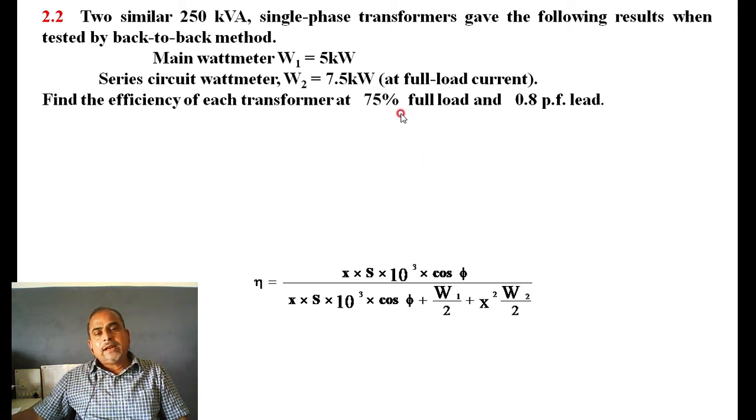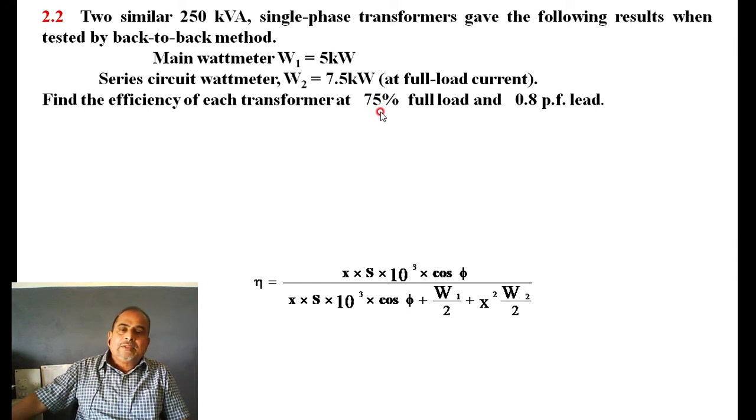Here the loading factor x is given as 75% of full load, therefore x is equal to 0.75, and cos phi is 0.8. Here there is no question of lag and lead. In the equation you have cos phi, whether it is lead or lag, so you substitute the value of the power factor given, that is 0.8.